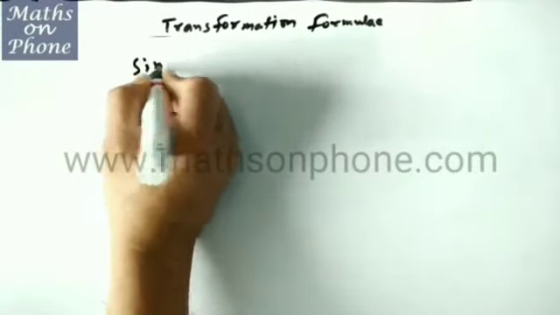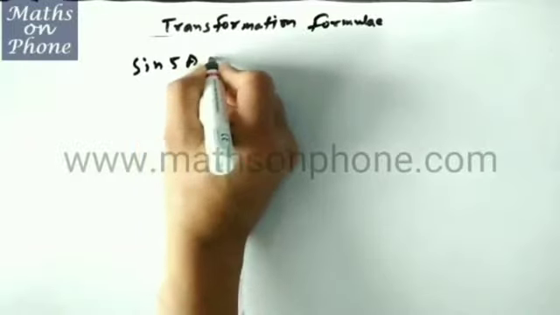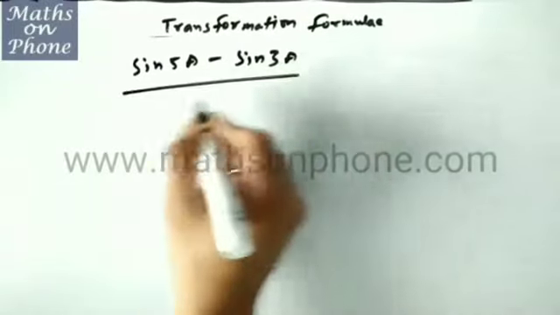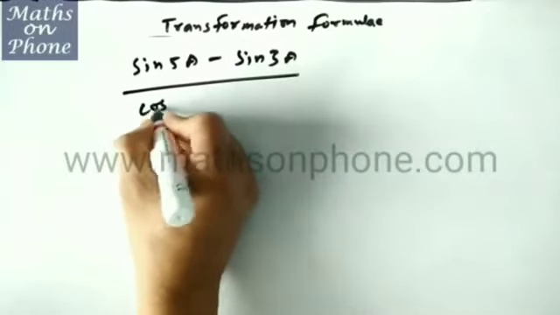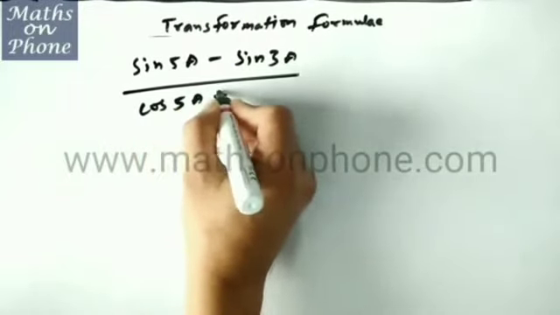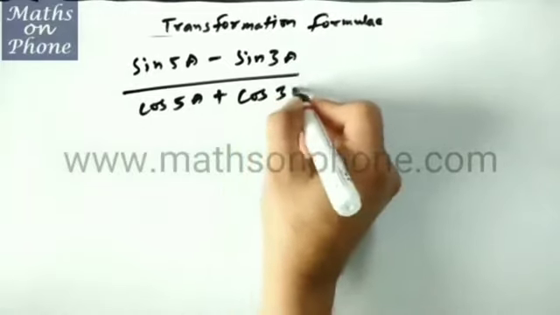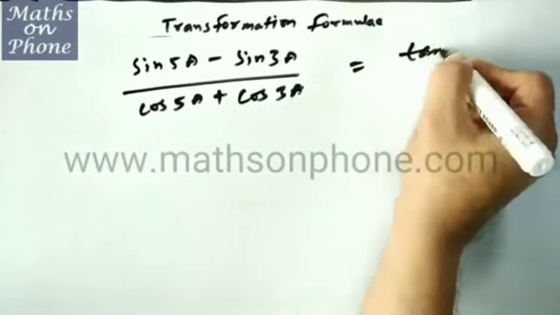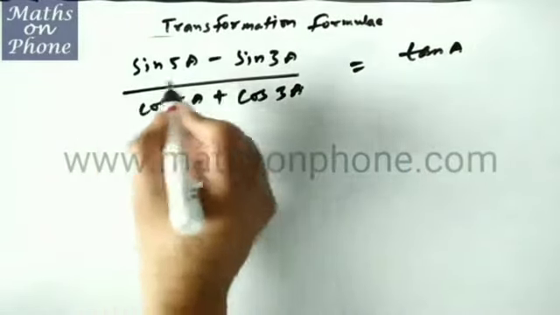I'm doing here (sine 5a minus sine 3a) divided by (cos 5a plus cos 3a). We need to prove it is equal to tan a. See how we will approach.